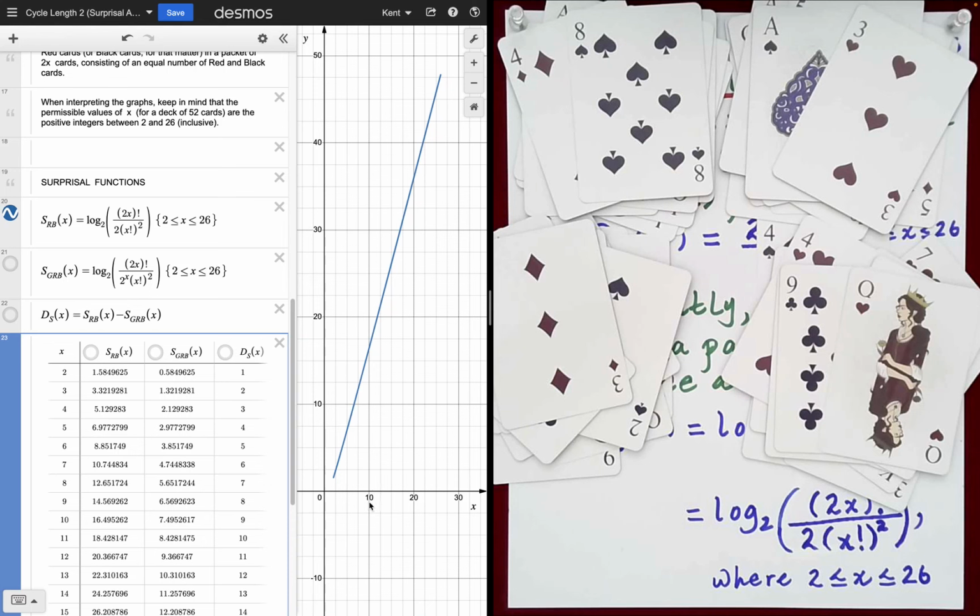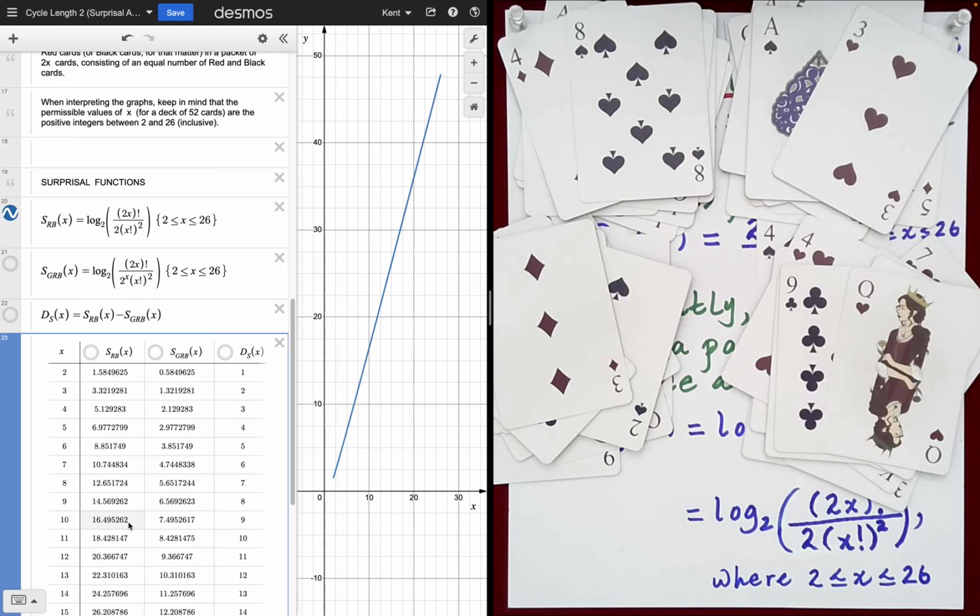So the total packet size is 20. And so the level of surprise associated with just mixing those 20 cards and finding that they alternate in color perfectly is about 16, 17 bits of Surprisal. And of course, we can get the exact value or near exact value over here in the chart. Here's 10. Surprisal value for the original, quote, RB packet is 16.49 bits.